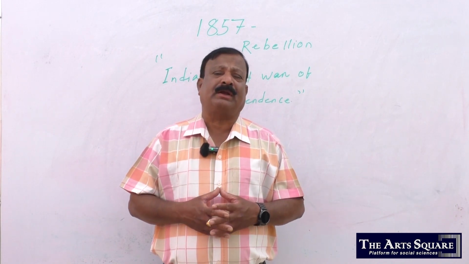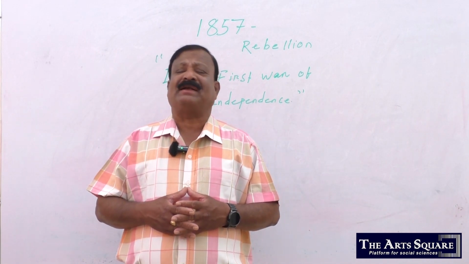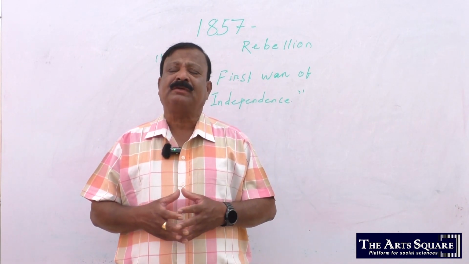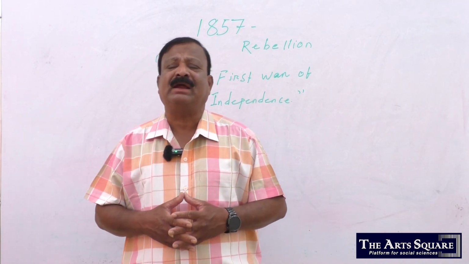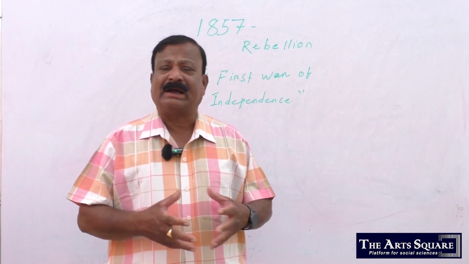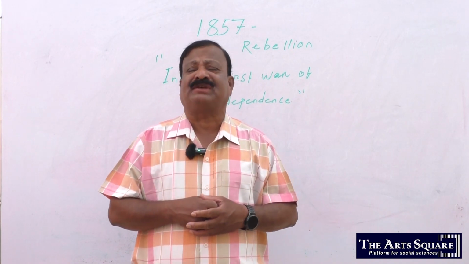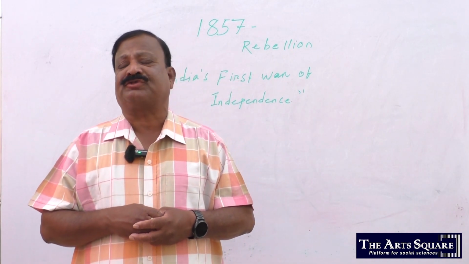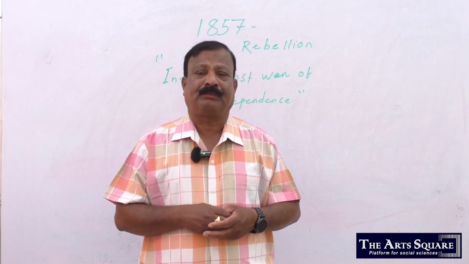So this revolution had multiple phases, because there are so many causes associated with this rebellion. First one, social cause, political cause, economic cause, and the most vital cause is the military cause, for which the revolution was started.